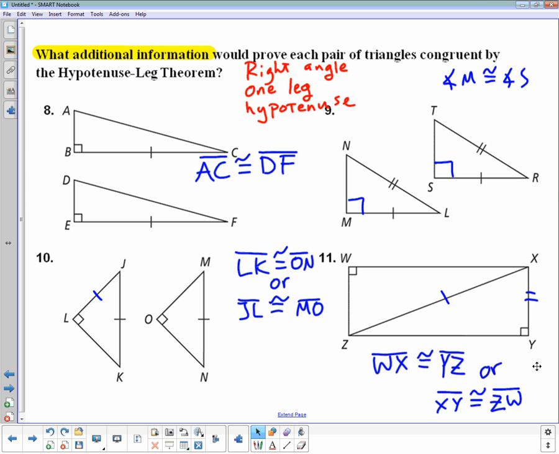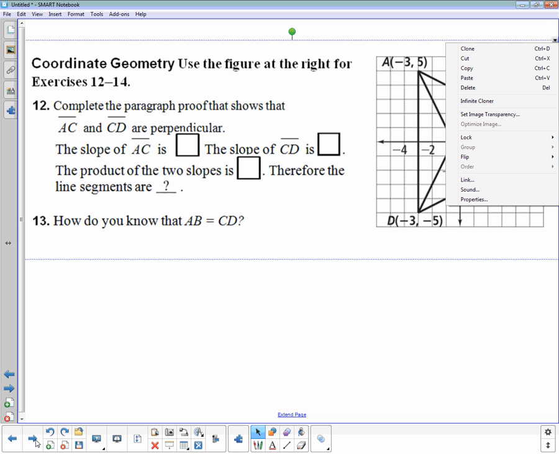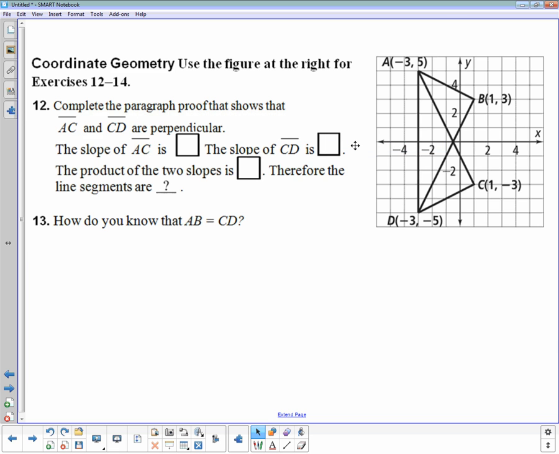All right, now for the fun one. Now, ladies and gentlemen, I'm going to tell you right now that last year, when we gave this test to those students, the coordinate geometry proof that they had to do was muy malo. It was really not a lot of fun.